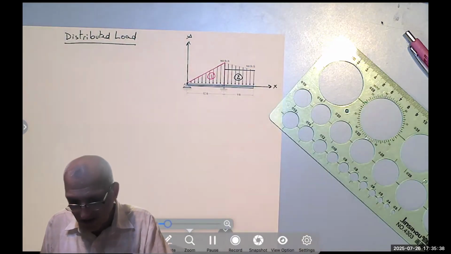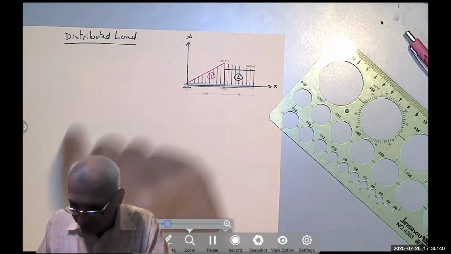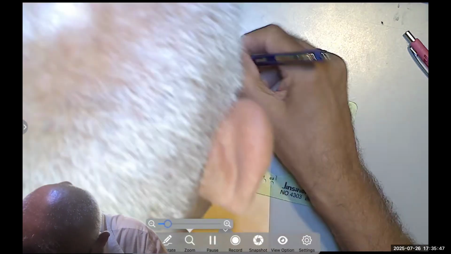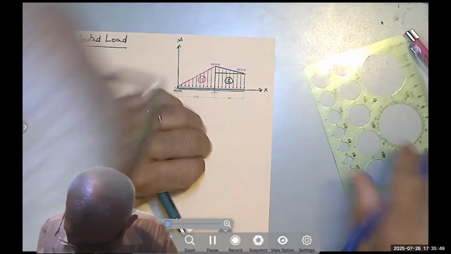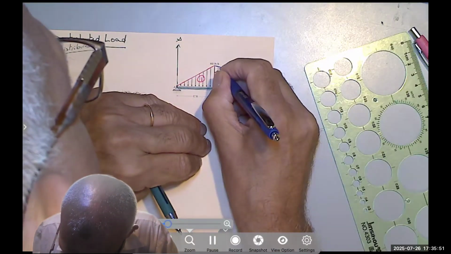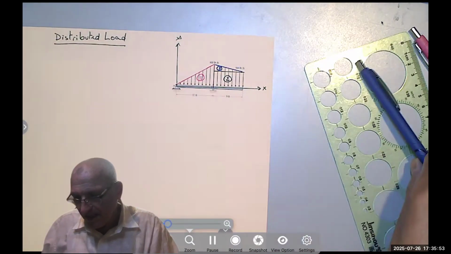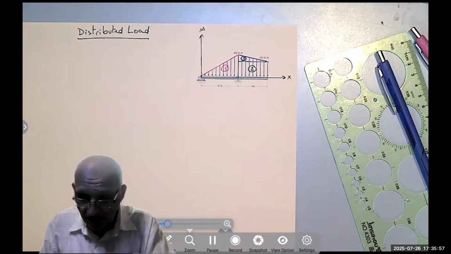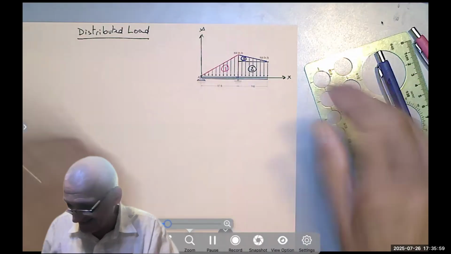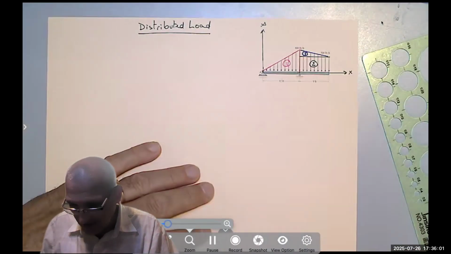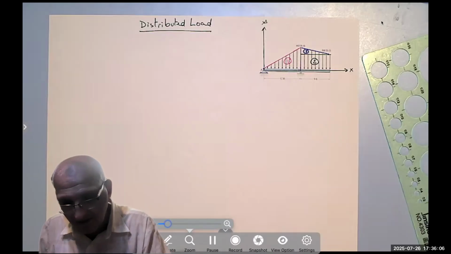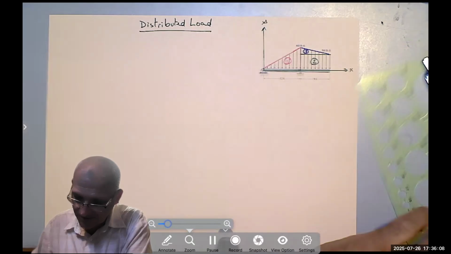And finally, I have load number 3. That is the top triangle here. I'm going to color it in blue. And again, as I said, if you already know how to find the centroids, then you don't need that session. But if you don't, I urge you to check my other channel, as I said first.